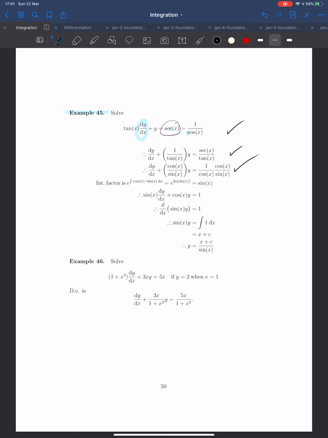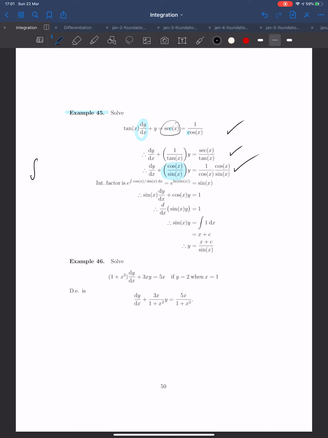Okay, the integrating factor is the exponential of the integral of this one here, which is a function of x which multiplies y. And then that's e to the log sin x.